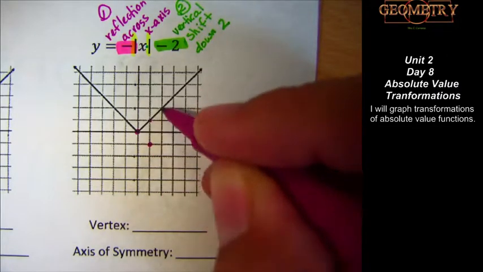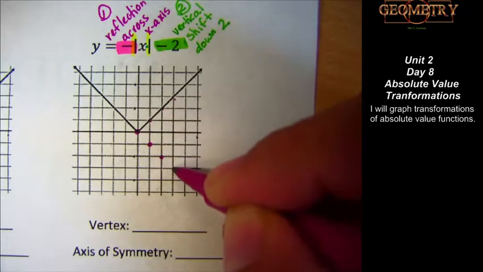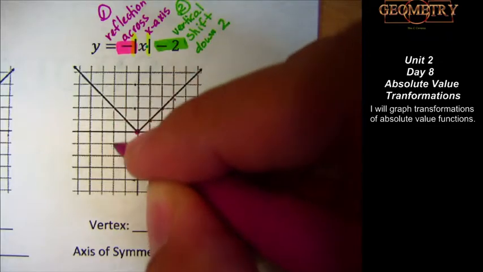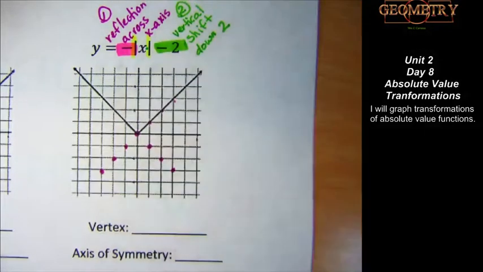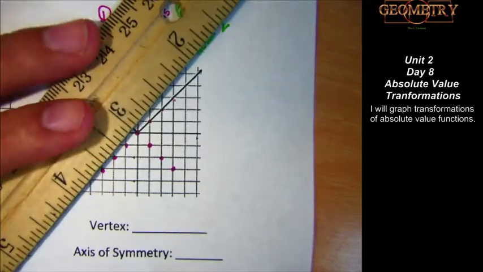I'm going to repeat that thought process until I have enough points to know what this thing looks like. And I'd like to do it on both sides of the vertex in order to ensure that I'm drawing it in the right direction. Once I'm reasonably certain of what this thing looks like, I'm going to take a straight edge.